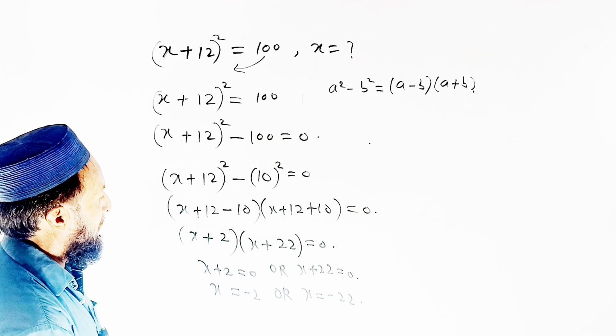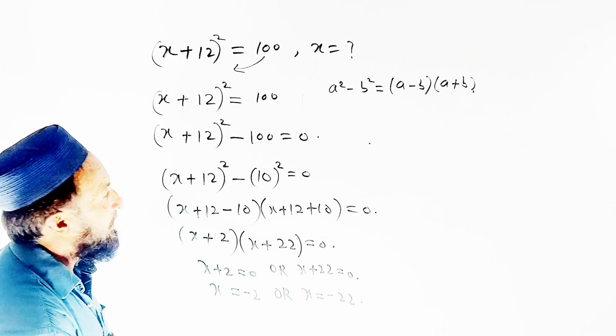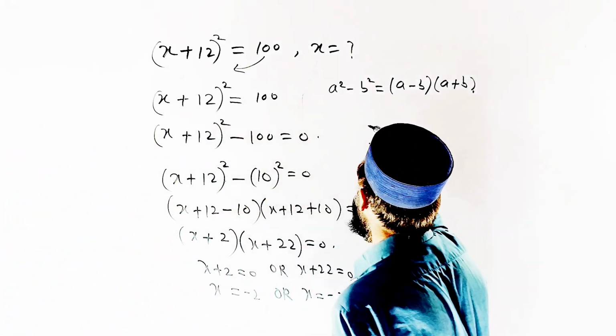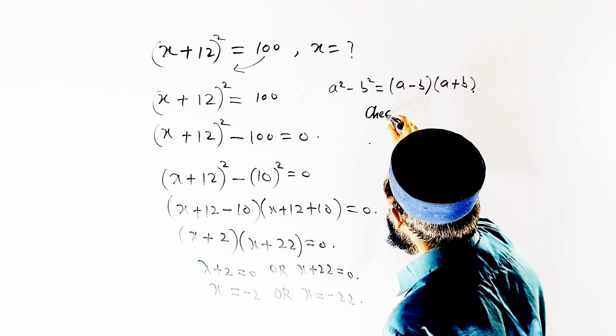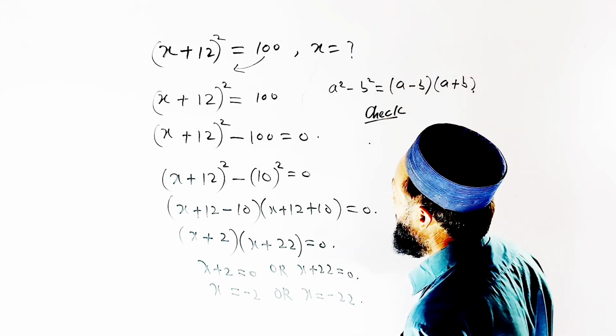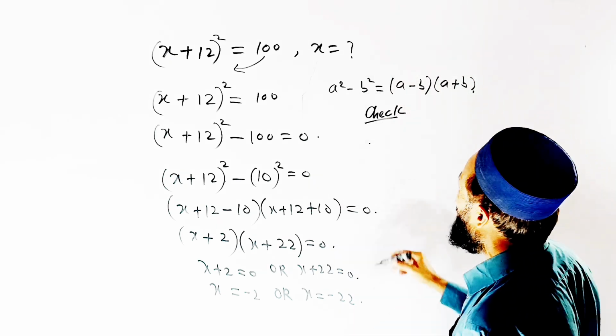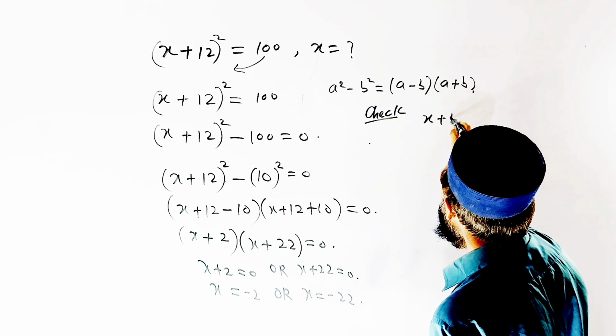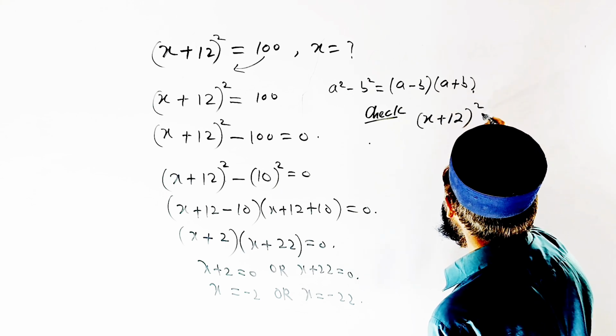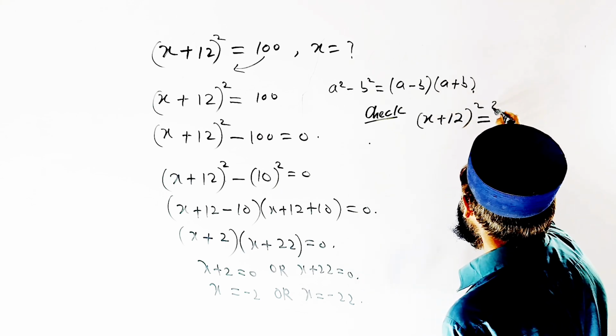If we want to check whether our roots are correct or not, we can verify the result, checking whether the given results satisfy the equation or not. So (x + 12)² is equal to 100, that is the question mark.